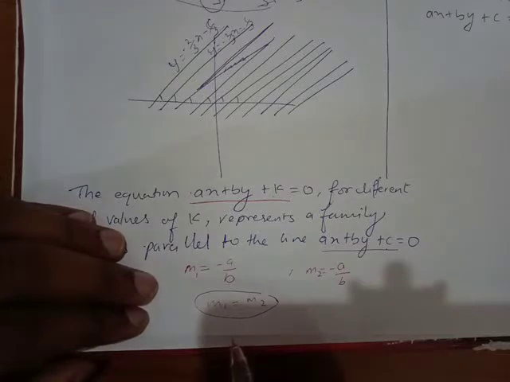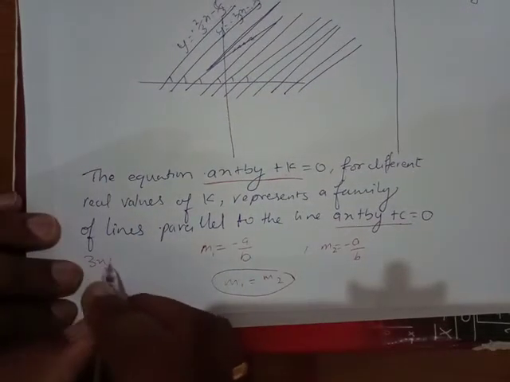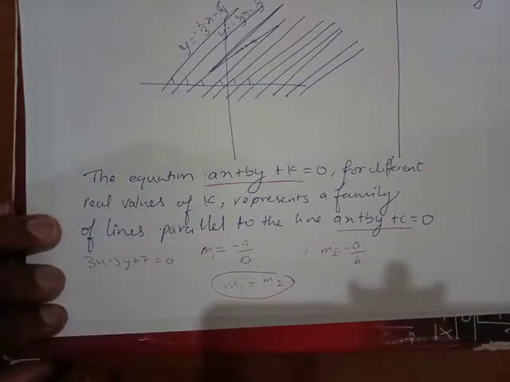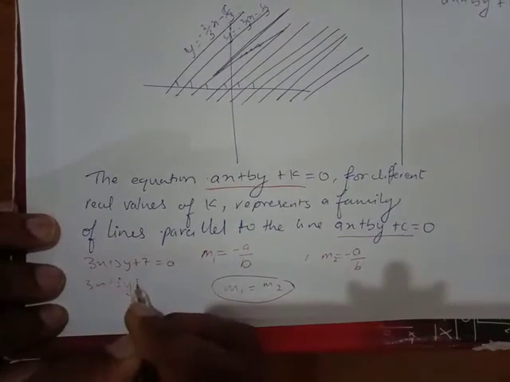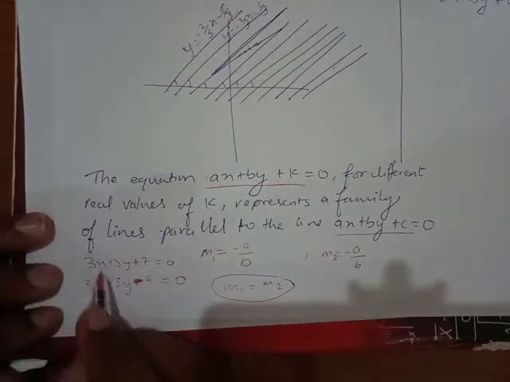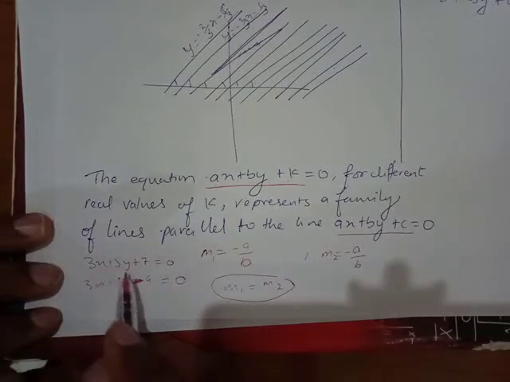Okay, I'll help you guys to understand with two equations. For example, 3x plus 5y plus 7 equals 0, इसकी एक लाइन बन सकती है. दूसरा क्या है, 3x plus 5y minus 9 equals 0. So both of these equations are parallel to each other. I can just look at it and say both of them are going to make a line on the graph and both of them are going to be parallel to each other.